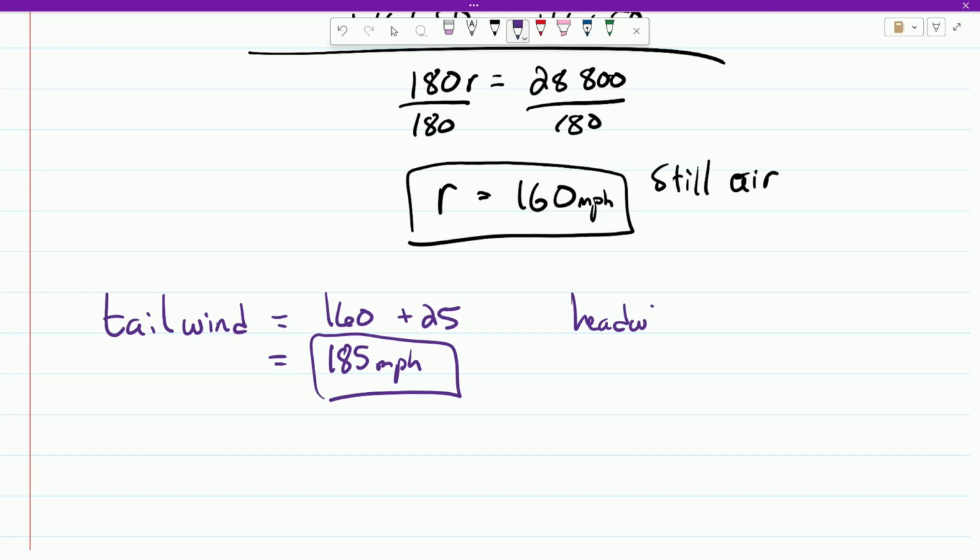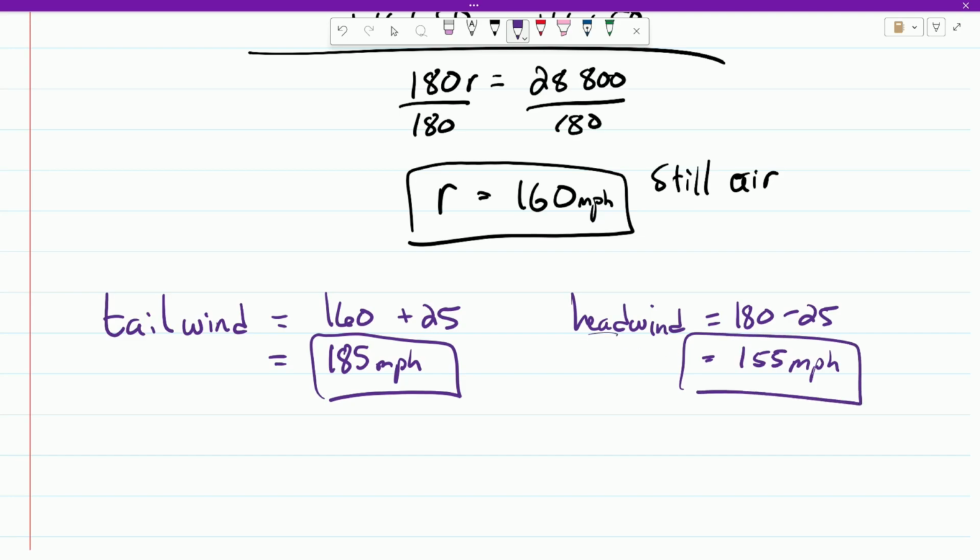Then our headwind speed is going to be 160 minus 25, which turns out to be 135 miles per hour. Okay? All right then. Let's get ready for the next one.